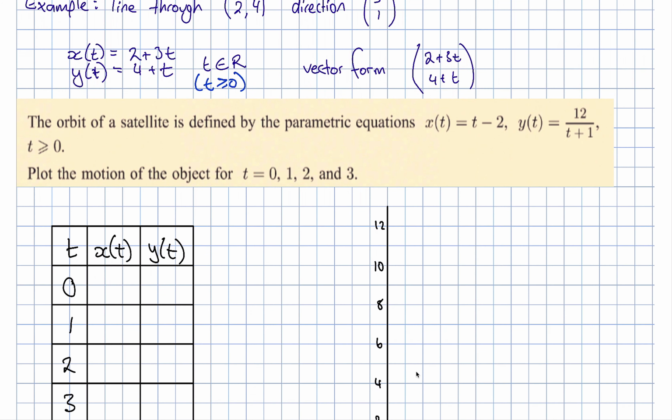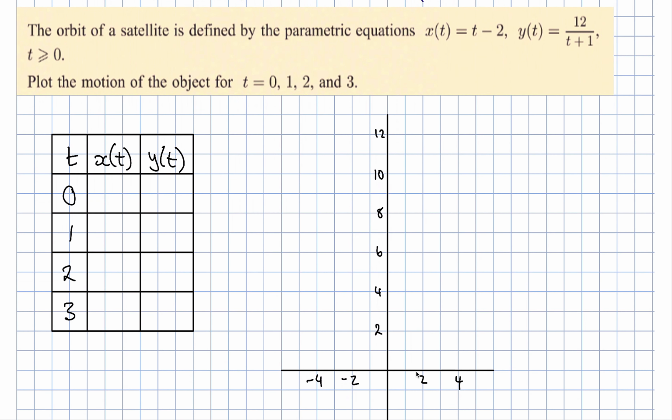Well, we can actually use parametric equations to define a curved line, not just straight lines. So if we've got this set of parametric equations here, it just wants us to plot the motion from t equals 0, 1, 2, and 3, and that's as far as it wants to go. So, the orbit of a satellite.